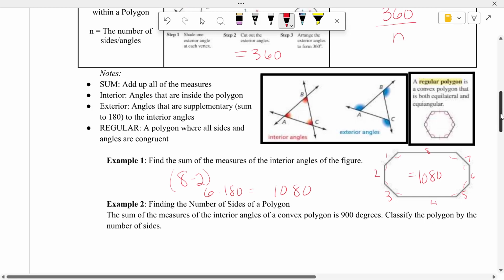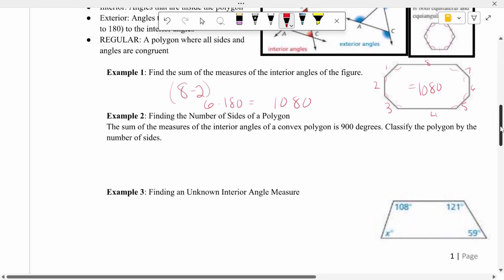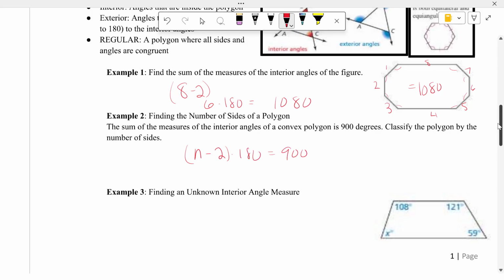So then the opposite of that is if they give us the total number of degrees, I can figure out how many sides my shape has. So we're just going to work this backwards and say, well, the number of sides minus 2 times 180 would be the total number of degrees. So then I'm going to take that and solve it for the number of sides. So the first step would be to divide it by 180.